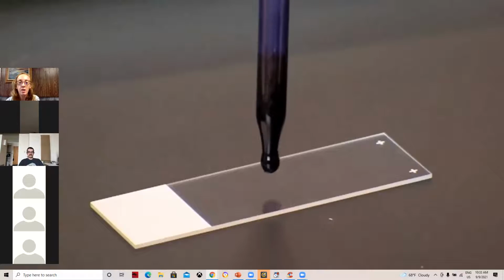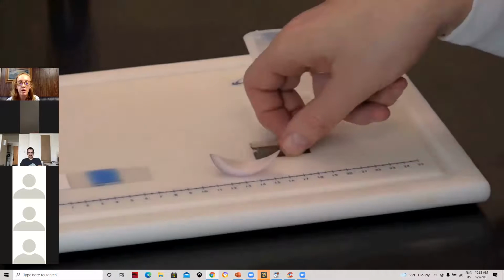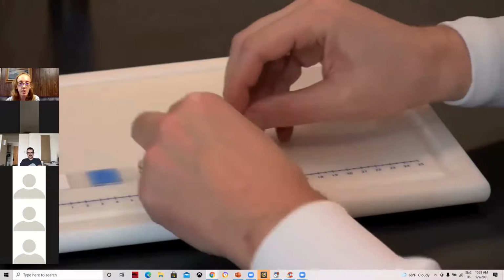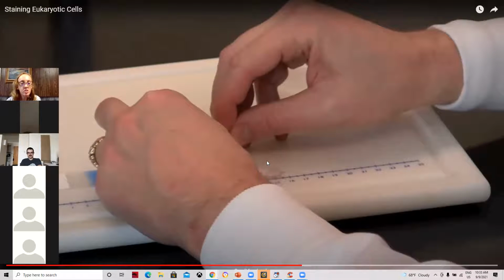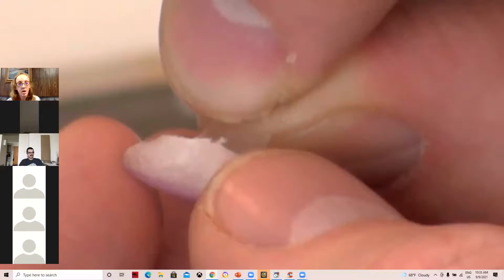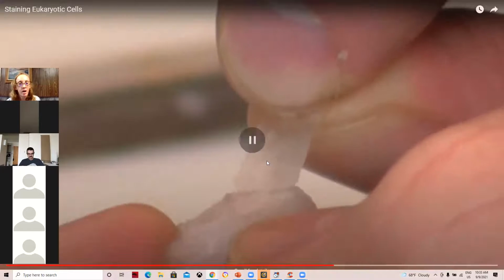To make a wet mount of onion cells, place a drop of Fast Blast DNA stain on a microscope slide. Take a small piece of onion. Like I said, the smaller the pieces, the better chances you have of getting a good slide specimen. Peel a piece off the inside epidermis of the onion leaf scale that is roughly 1/2 to 1 centimeter squared.